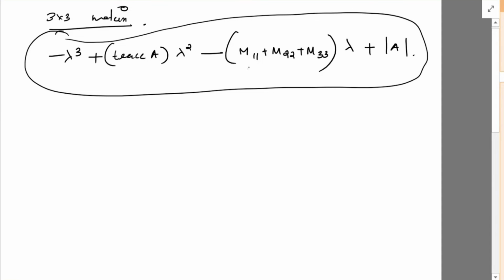And what are M11, M22 and M33? These are the minors.